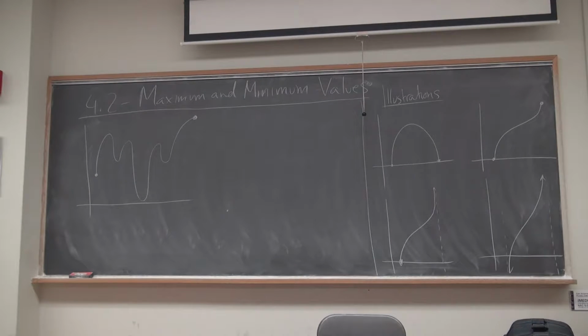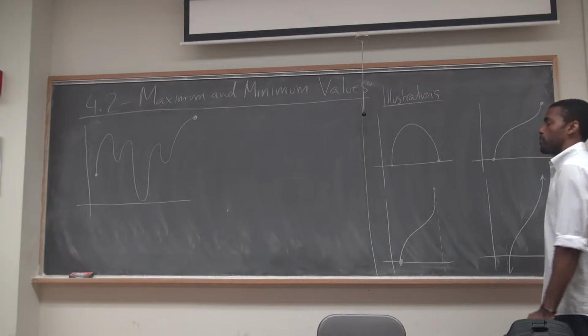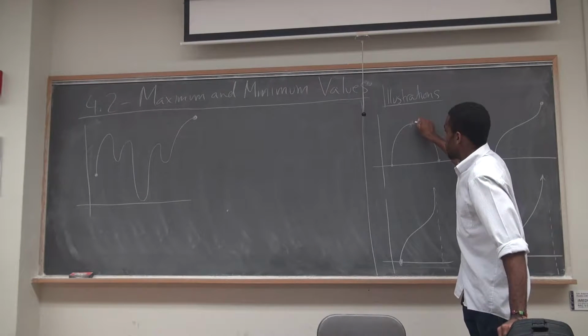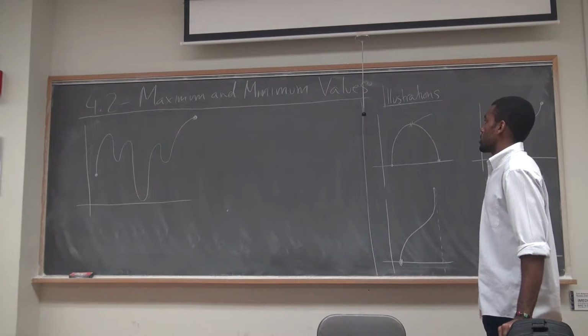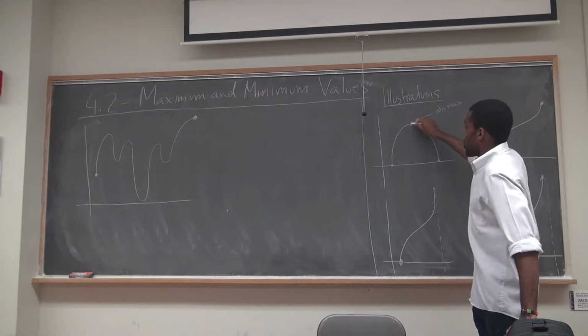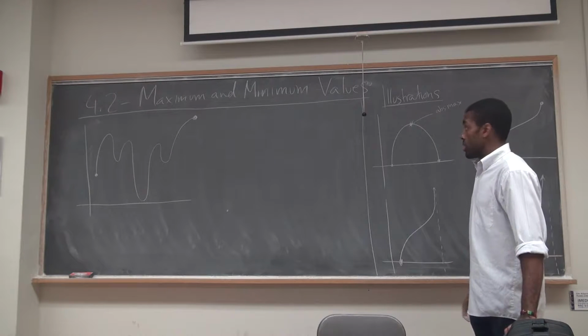Can you tell me about the absolute max or absolute min of this one? Yeah. Right, so the vertex here, that would be an absolute max, right? Because the y value at this point is larger than every other y value on this function, right?